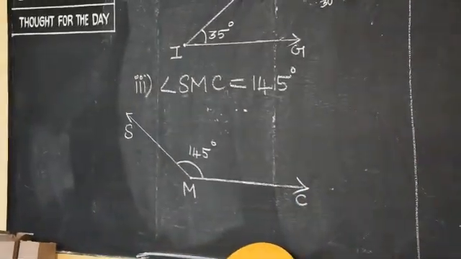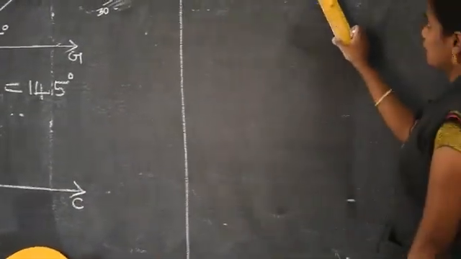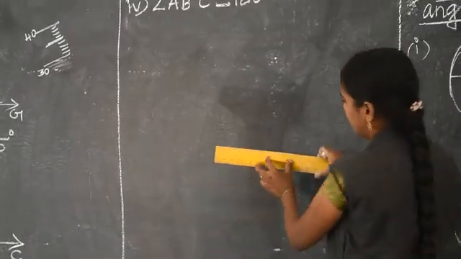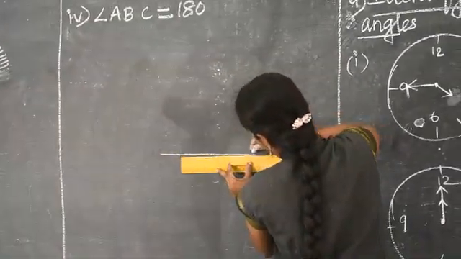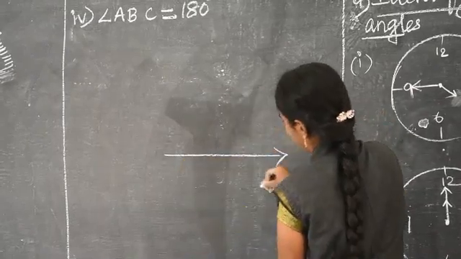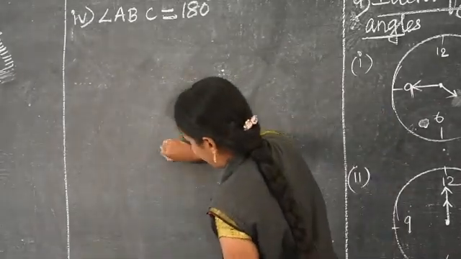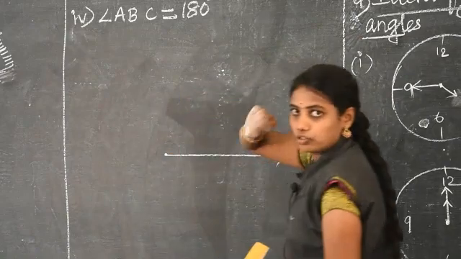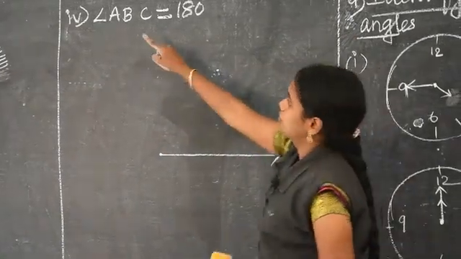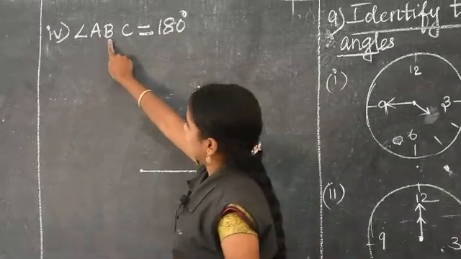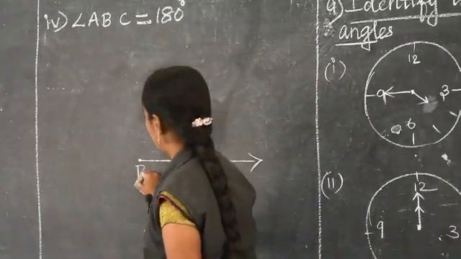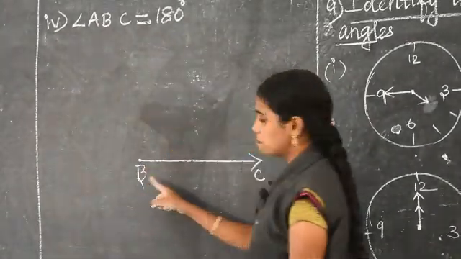Next option 4, angle ABC 180 degree. Same method, draw a ray, point, just one dot, don't put the whole. ABC 180 degree, leave that A, second letter and third letter should be written first, BC.